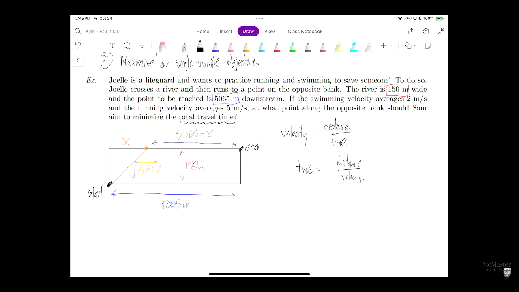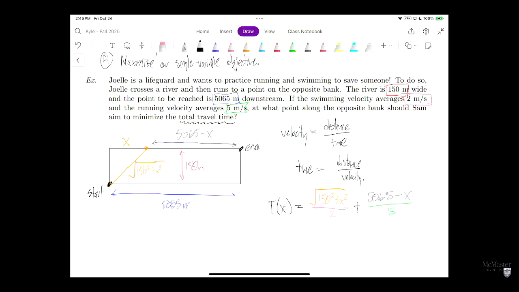In that case, we can write time as a function of x by deciding the distance that we have to travel. So this distance here is the root of 150 squared plus x squared divided by our swimming velocity, which is 2 meters a second, plus this horizontal distance we have to run, 5065 minus x, divided by our running speed, which is 5 meters a second.